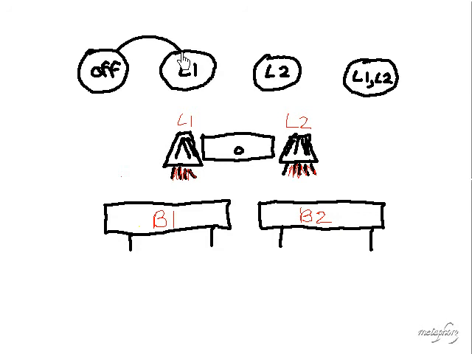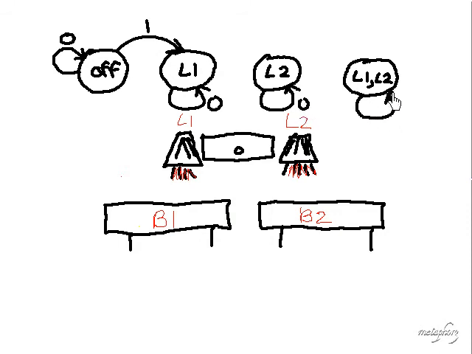So let's go and put the transitions on this finite state machine. We'd say that it goes from off to L1 when we turn the knob. So turning the knob will be the equivalent of giving the system an input of 1. If we don't touch the knob at all, it will be equivalent to giving the system an input of 0, which is default. So we can go ahead and make reflexive arcs with 0 on each state. That just means that nothing is pressed once you're in that state.